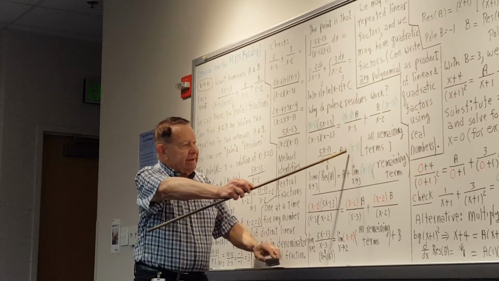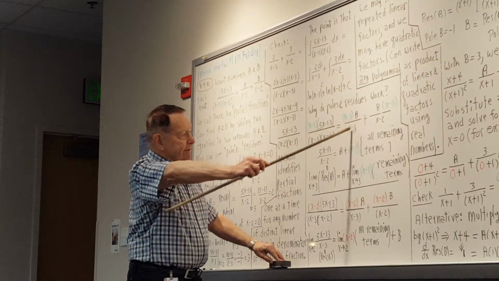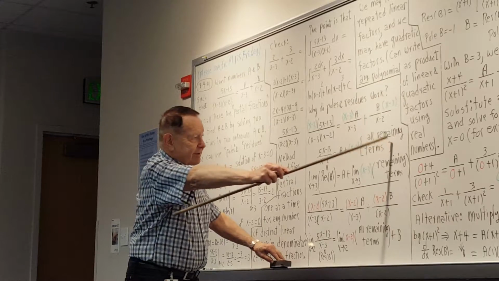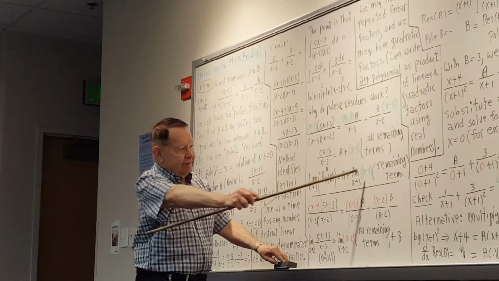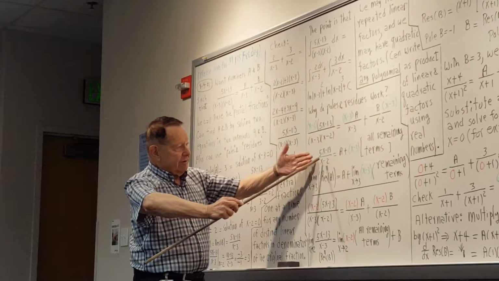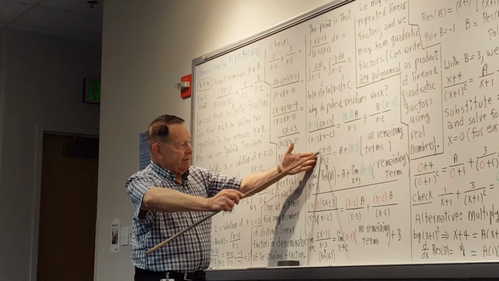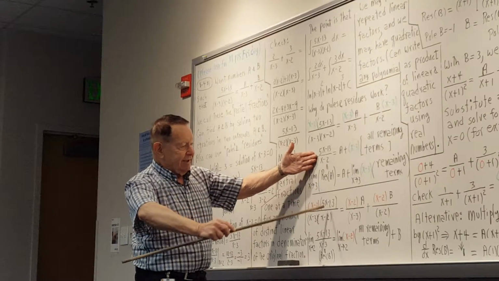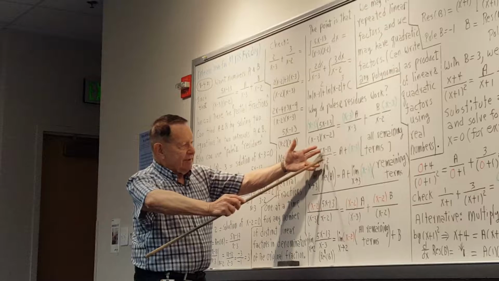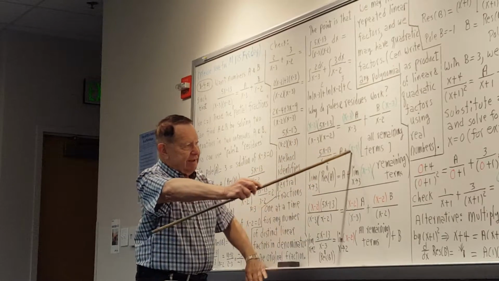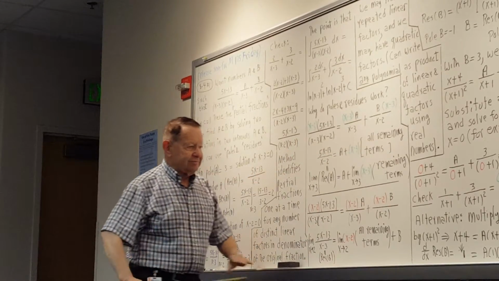That'll equal A, and then the denominator of A times everything else. And when you take your limits, here you'll get the 15 minus 13, so you get 2 equals A, and here you get 0.